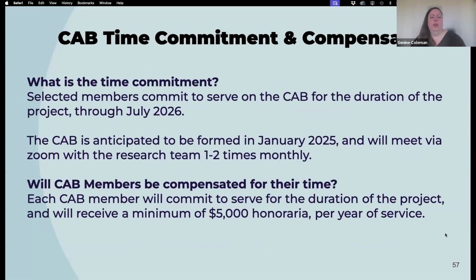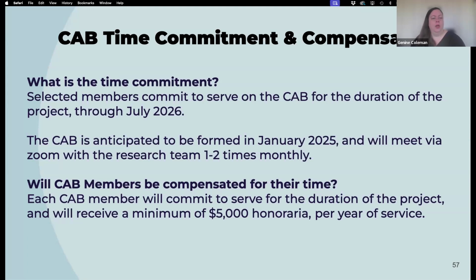So what is the time commitment and is there compensation for CAB members? So selected members will commit to serve on the CAB for the duration of the project through July 2026. And we're anticipating to form our CAB in January of this coming year in 2025.